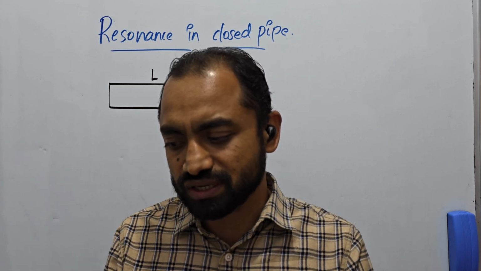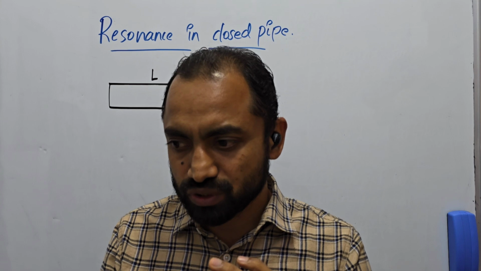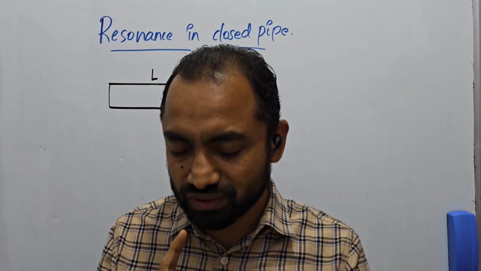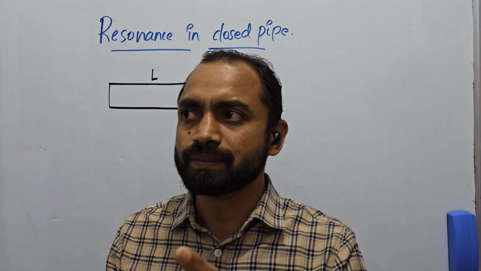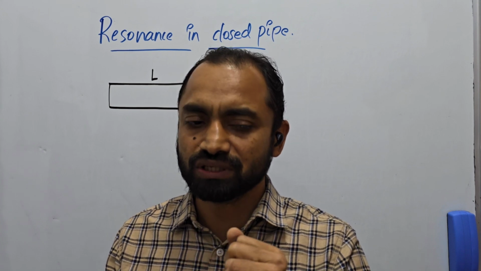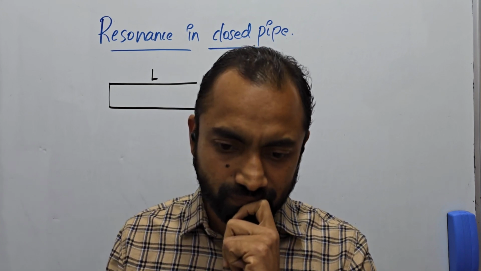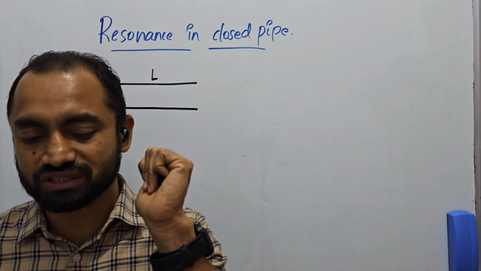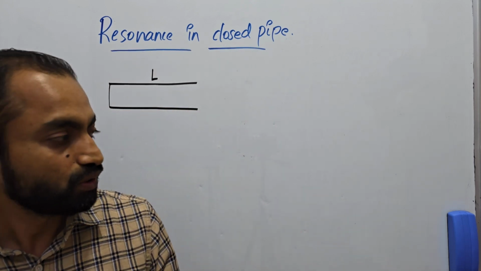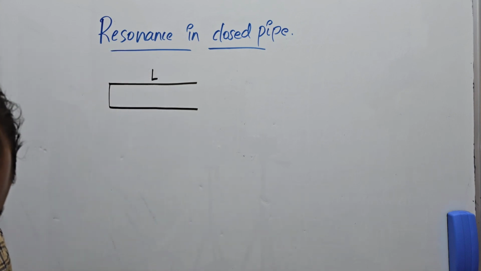There should be two waves with equal amplitude and wavelength, and one more thing: they must be traveling in the opposite direction. When they meet, a standing wave will be produced.